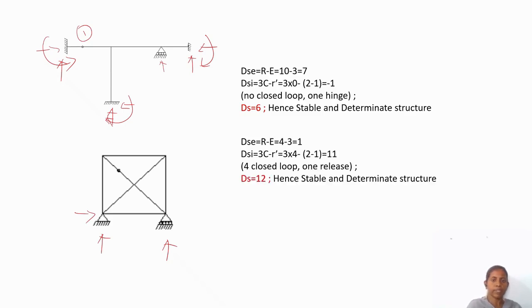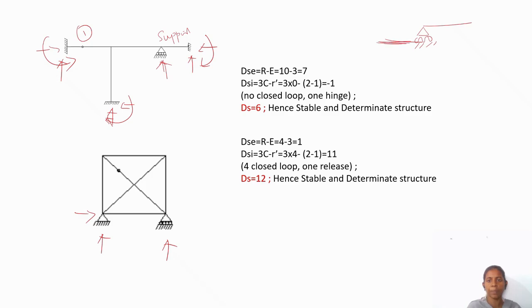Let us have a glance. 3, 6, 9 and 1 vertical reaction. So totally 10 number of unknowns minus 3 equations, totally 7. So this is a support condition. There is no release for this. If it is a release, then the members should be specified like this.